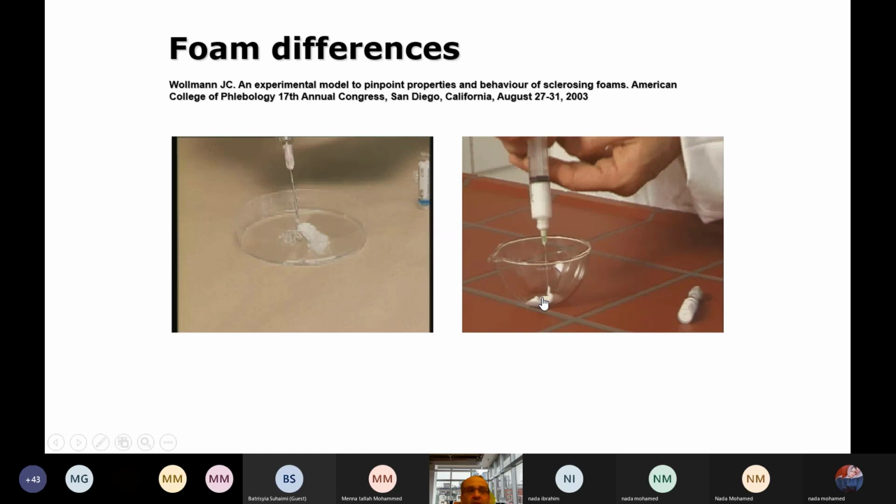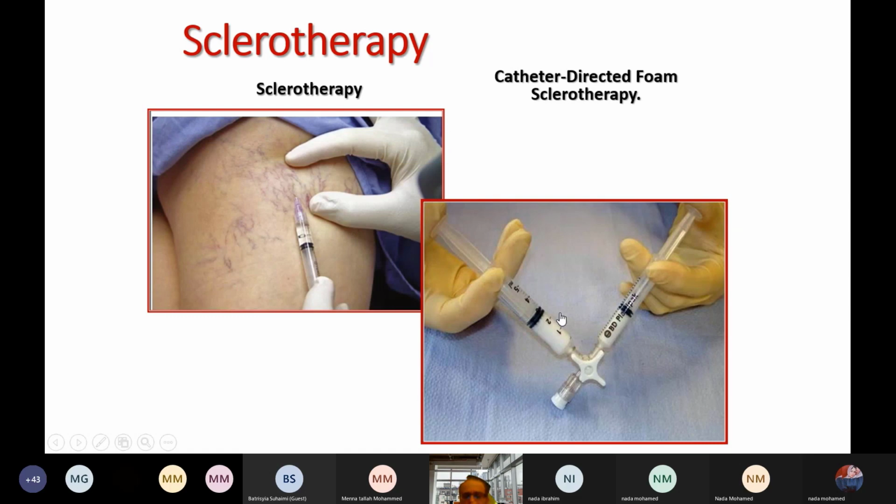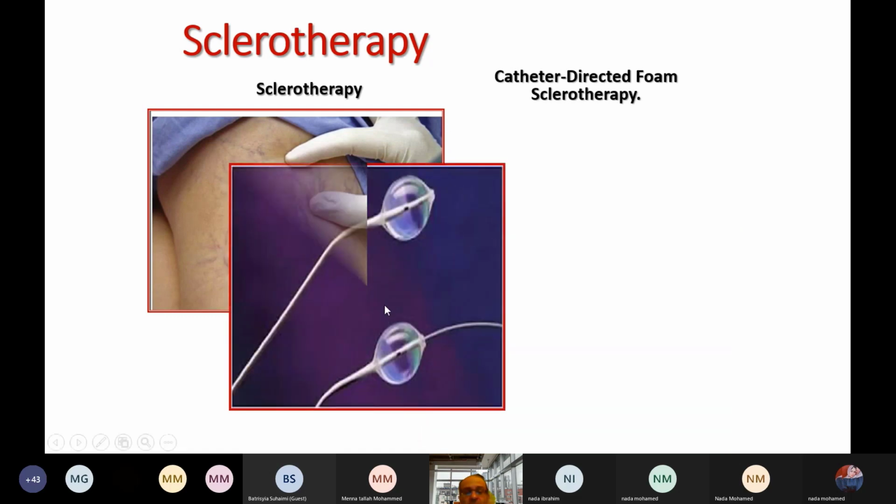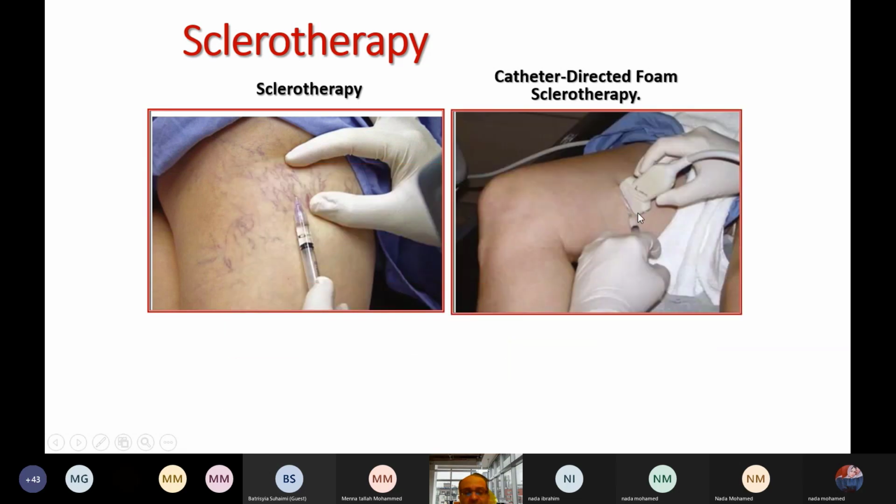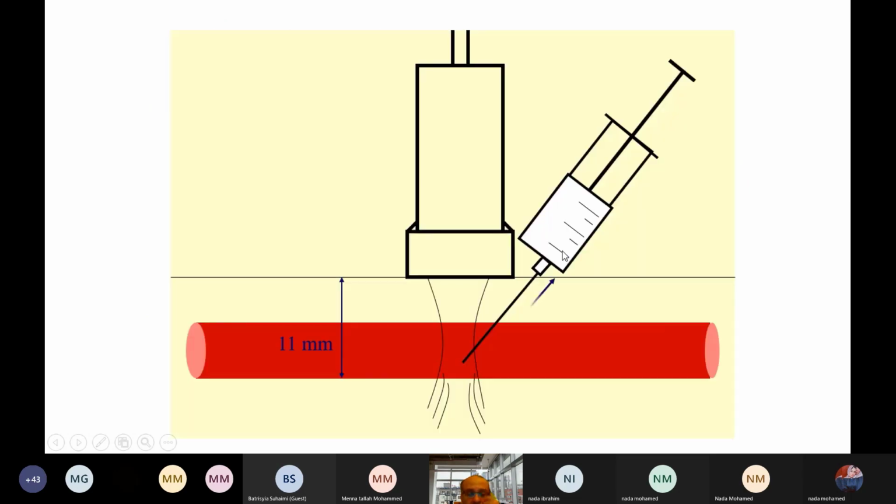That is to say, whenever you inject this foam, it will not escape to the deep system and will not do harm. This foam therapy could be injected through a catheter in the superficial system under ultrasound guidance. You can see the vein by the duplex, and then you can inject your material under vision by ultrasound.